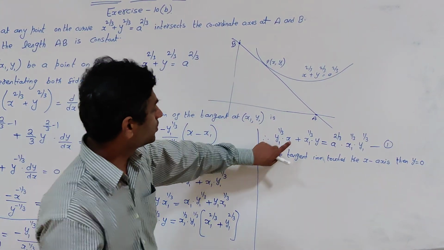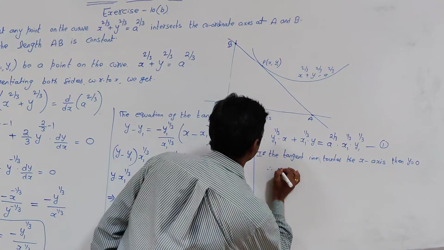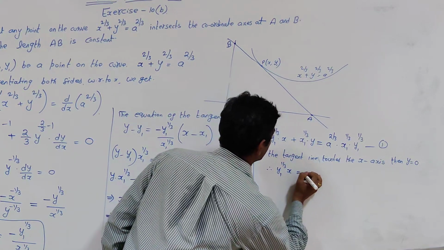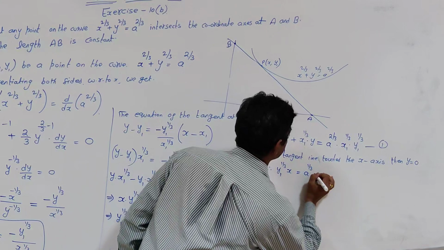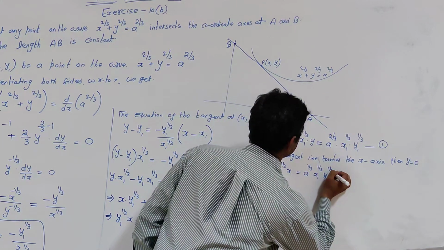So if you substitute y is equal to 0 in this, what happens? Therefore, y1 to the power of 1 by 3 into x is equal to a to the power of 2 by 3, x1 to the power of 1 by 3, y1 to the power of 1 by 3.